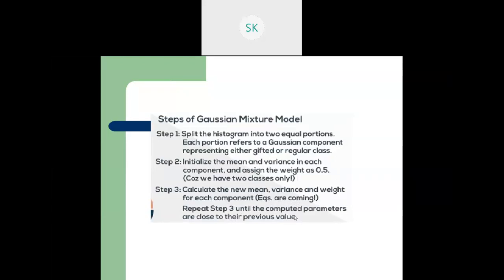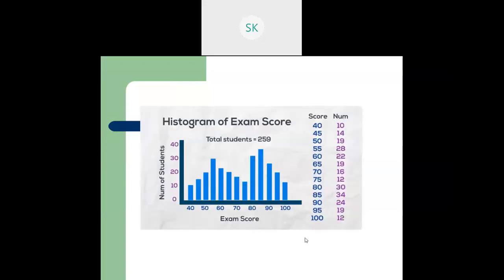That is, compare the recent values you got with the previous values. When they are close to each other or the same, then stop. Now we are moving ahead with these steps, and the histogram of the exam score is in front of you.